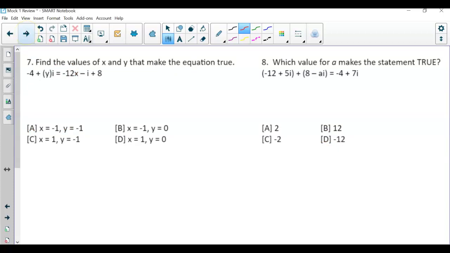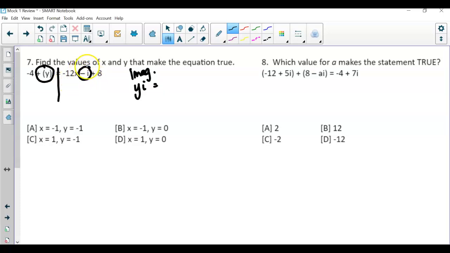Now question number 7, we're focusing on what values of x and y make this true. So identify the imaginary parts and the real parts. I'll go ahead and identify the imaginary parts first. What is on the left side? yi, so positive yi. Then on the right side, what is our imaginary part?